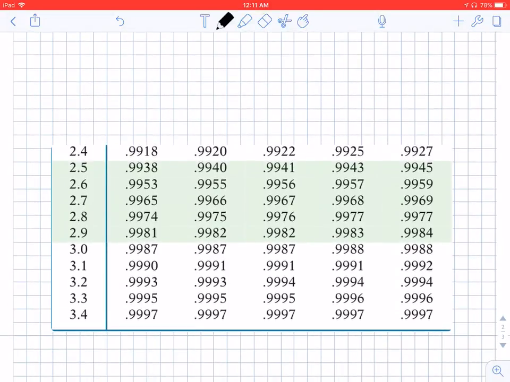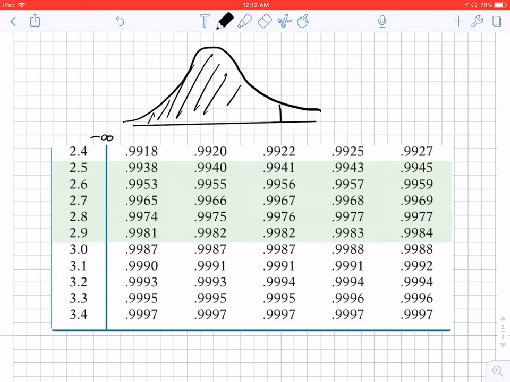There are many Z tables you can look at, but this one shows the area from negative infinity to this Z value. So 1 minus this total is what we are looking for as the tail side of this value. So to get that, 1 minus each of these values is necessary.